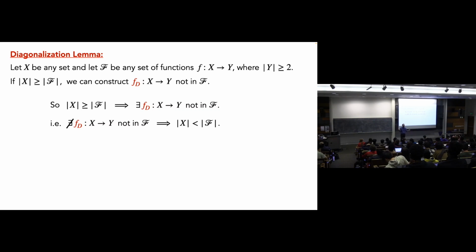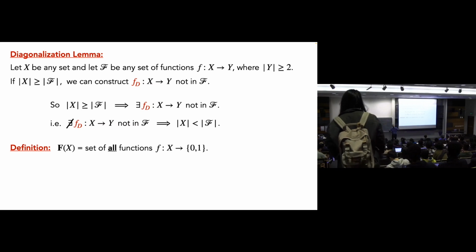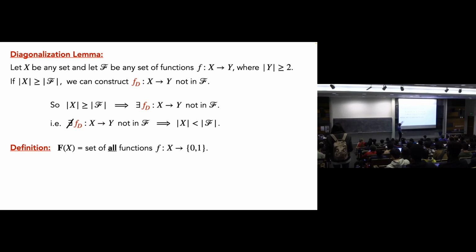And when is a situation when we cannot construct a diagonal element? When do we have this? Well, when you have the set of all functions. Now, this is our notation. Let f of x be the set of all functions from x to 0, 1. If I'm considering the set of all functions, obviously I cannot construct f sub d, which is not part of f of x. This is the set of all functions.